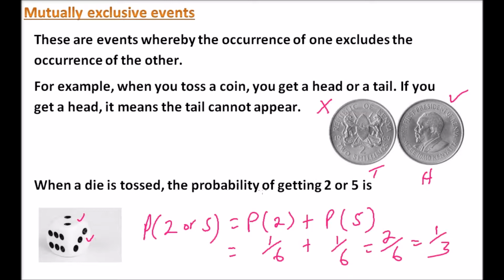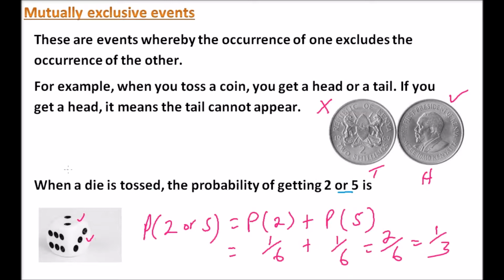So these are mutually exclusive events, because if you get 2, you will not get 5. If you get 5, you will not get 2. We normally use the word or, and when the word or is used, we add the probabilities.